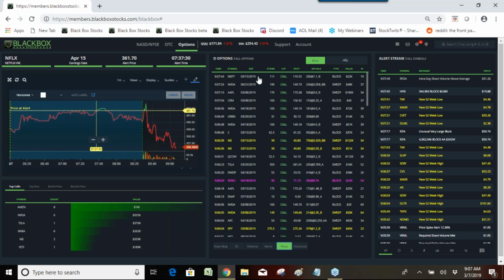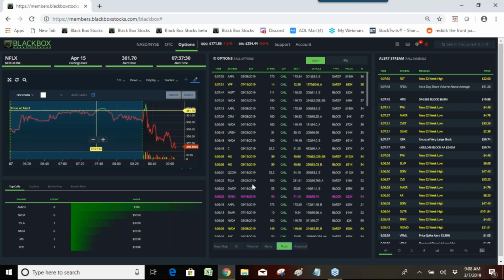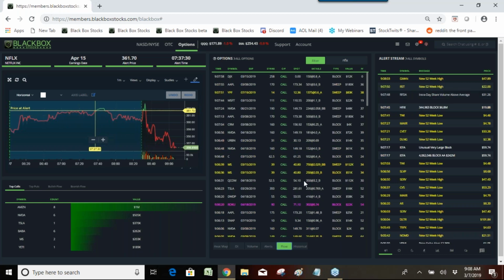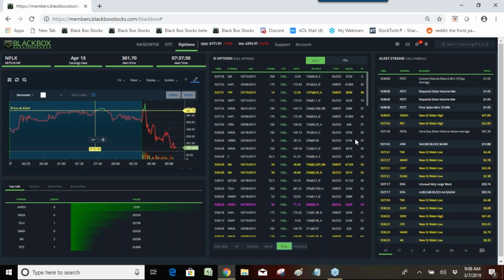In sweeps, let's just say it got 6 of those on the ask. They could be white or any color, but it's going to track that. And if it's in a certain time frame, it's going to alert us to it. Again, doesn't mean buy me, but it means go look at the chart, go look at the flow. All those alerts, always do your due diligence on any alert on the system, whether it's a person or a computer alerting you to it.